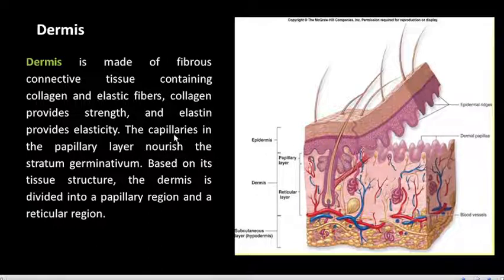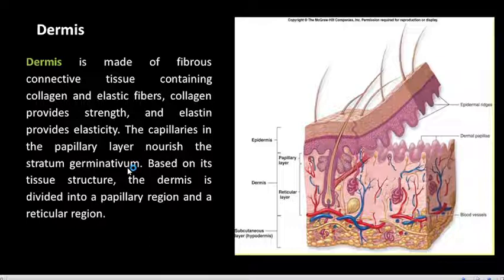Okay? So, sabi dyan, capillaries in the papillary layer nourish the stratum germinativum. So, diba, ang stratum germinativum natin, dyan nangyayari yung division of skin cells or mitosis. So, para makaproduce ng new skin cells, dapat meron siyang nourishment na nakukuha, yung stratum germinativum.